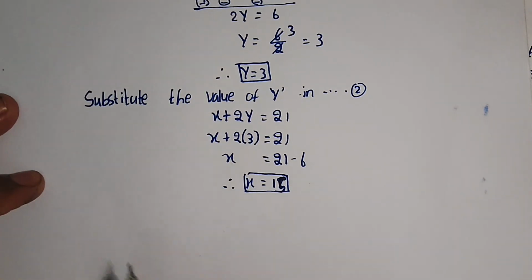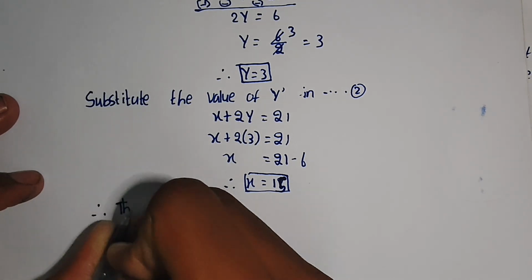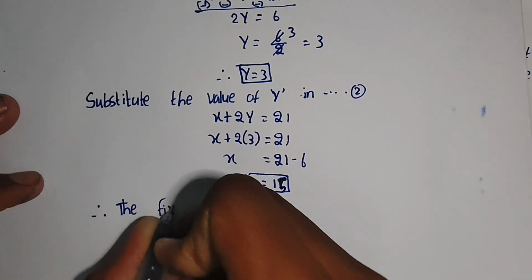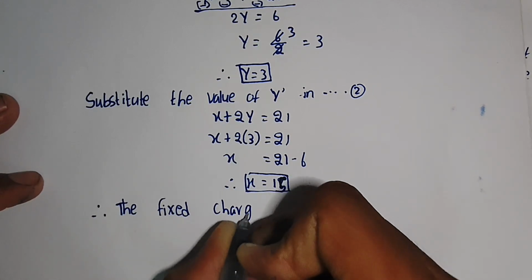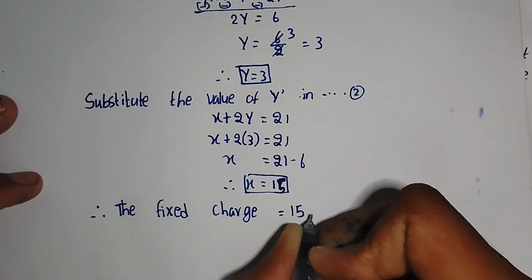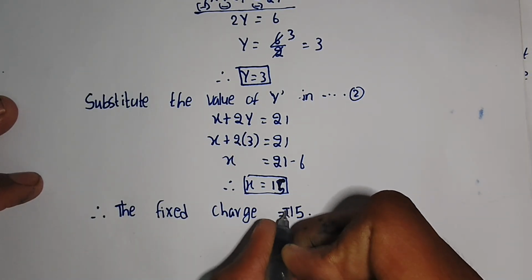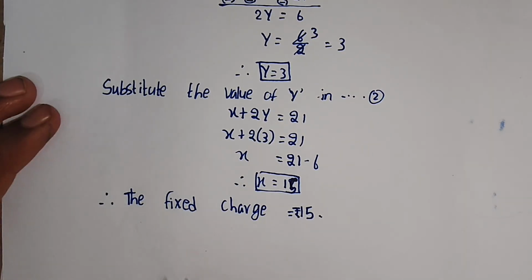So therefore, the fixed charge equals 15 rupees. The fixed charge is 15 rupees. Why? Because we thought of that as x, so the fixed charge is x.